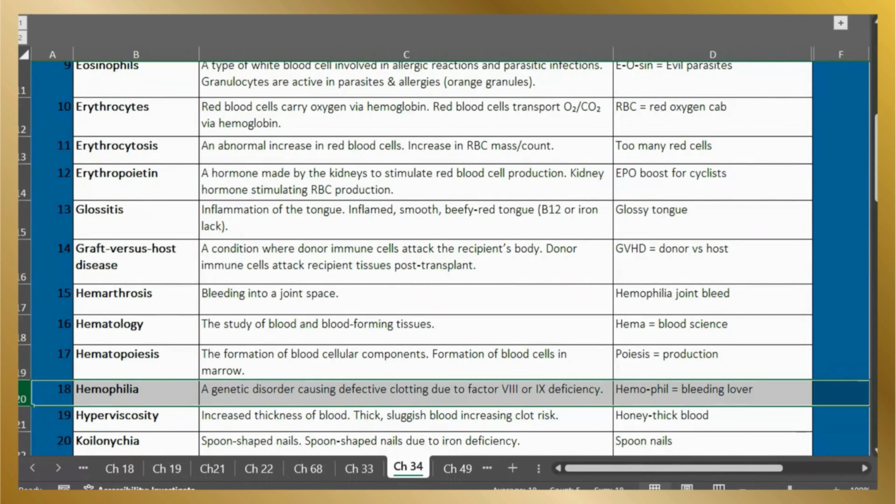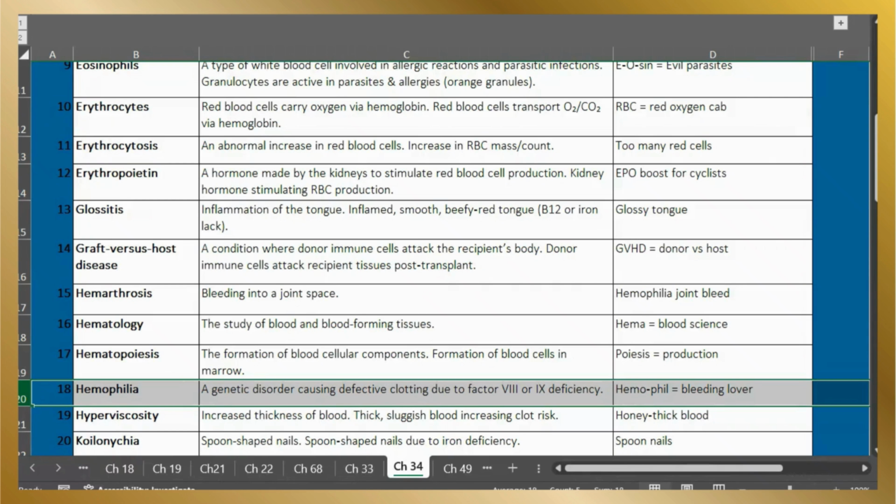Hemophilia, it's a genetic disorder causing defective clotting due to factor 8 or 9 deficiency, because there are two types of hemophilia, so that's why I have factor 8 and 9 deficiency. Hemophilia, they say it's a bleeding disorder.